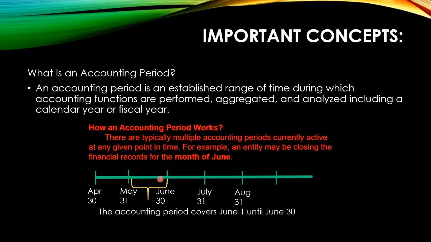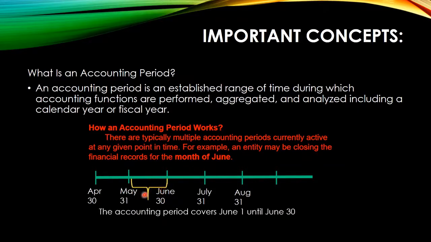For example, you pay on July 15. But that July 15 payment is for the rent of the month of June. Take note, what you pay on July 15 is the rent for the month of June. So that particular rent expense should belong to the month of June.